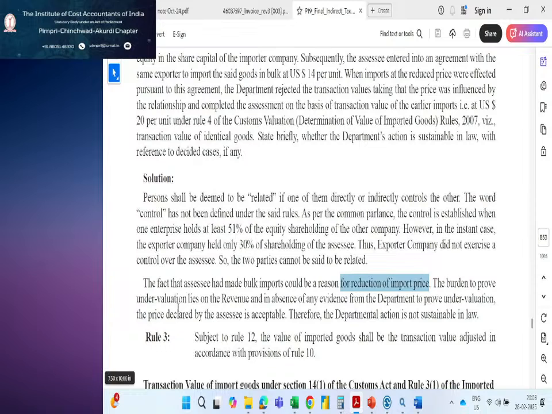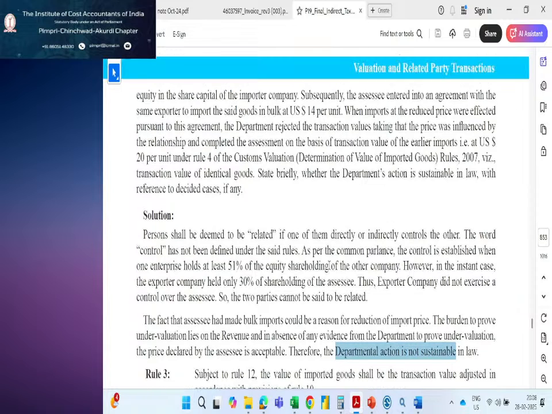The burden to prove undervaluation lies on the revenue, and in the absence of any evidence from the department to prove undervaluation, the price declared by the assessee is acceptable and the departmental action is not sustainable.